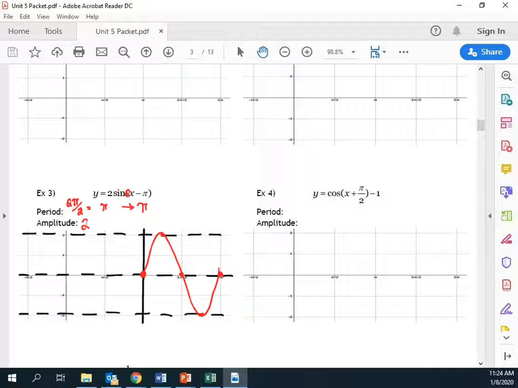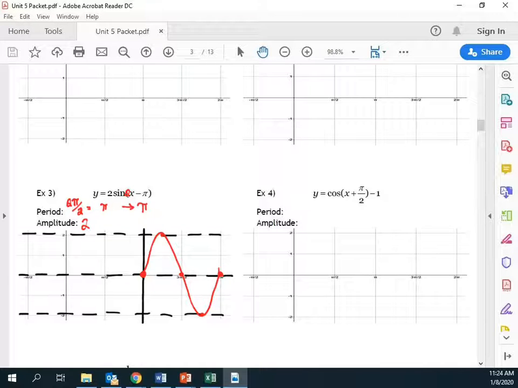So that tells you that cosine will always start where? When I say the highest, I mean its max. You will start with its max, right? So we always have to keep that in mind when we're doing cosine. Cosine's a little bit different because we're not starting in the middle. We're starting at the top or the bottom depending on if there's a flip or not, right?